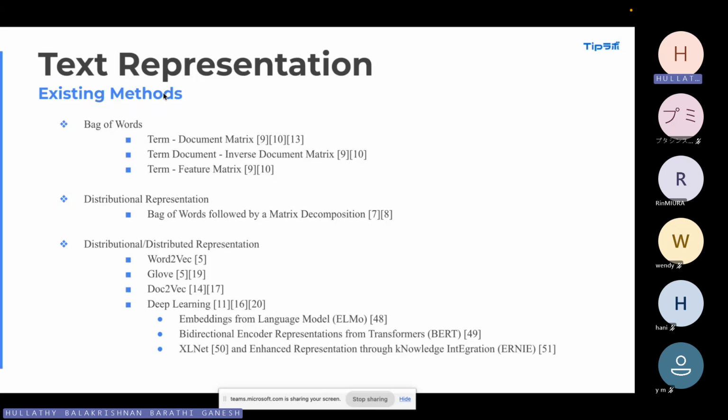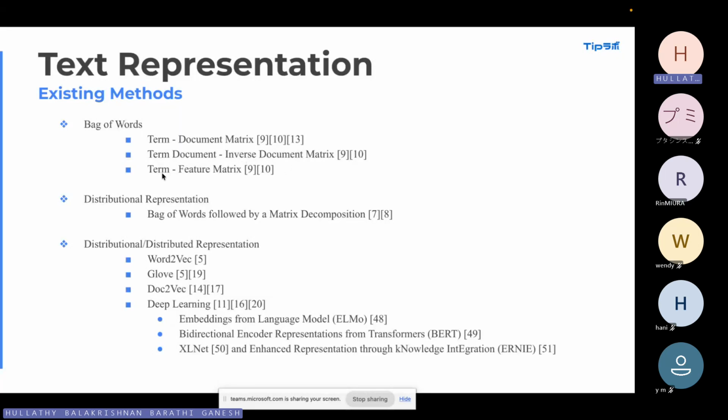So now we have detailed what text representation methods we are going to see. We are going to start with the bag of words, term document matrix representation, and then, to solve certain problems in the term document matrix, how the term frequency and inverse document frequency evolved.